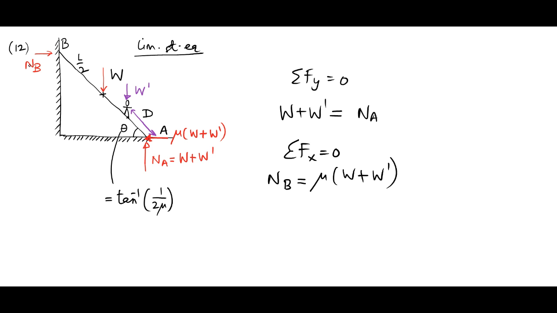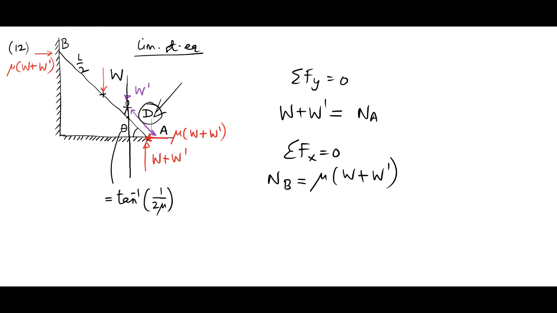I'll just replace NB with that, and of course the question asks us to find the value of D. So D is the distance between the man and point A. So obviously D has something to do with the placement of this particular force, and it means therefore that the line of action of W dash is going to be relevant in calculating the value of D, and therefore we must apply now the moment equation, because the line of action of a force is involved in the moment equations.